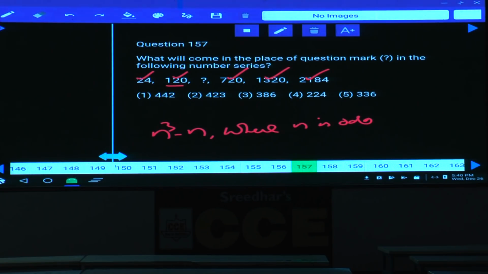Then what is the number missed out here? 7 cube minus 7. 343 minus 7, that is 336. Choice 5 is the answer.